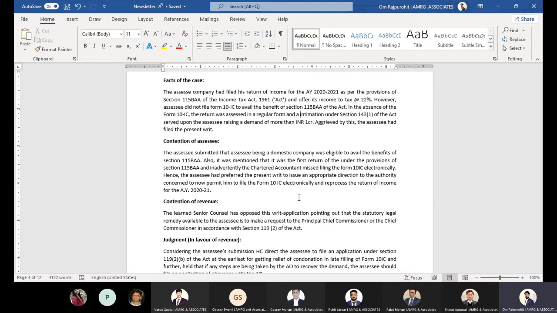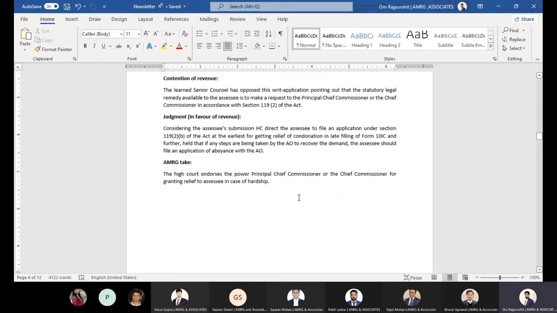So the PCIT or Chief Commissioner of Income Tax are duty bound to follow the procedure of section 119(2) of the Act. The court heard both contentions and decided partially in favor of revenue and partially in favor of the SSC, and held that though there is a mistake, the SSC should not be penalized, and the condonation of late filing of Form 10-IC should be taken into consideration by the department.